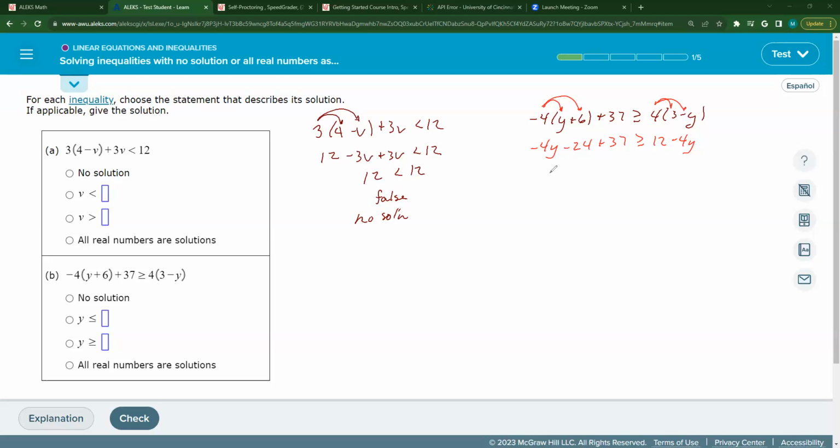I have negative 4y plus 13, since 37 minus 24 is 13, is greater than or equal to 12 minus 4y. Get the y's together, so plus 4y, plus 4y. They cancel out. I have 13 is greater than or equal to 12. This is true. So this is all real numbers.